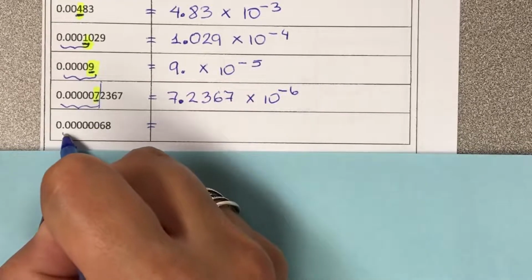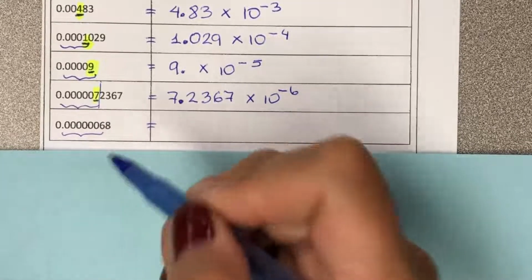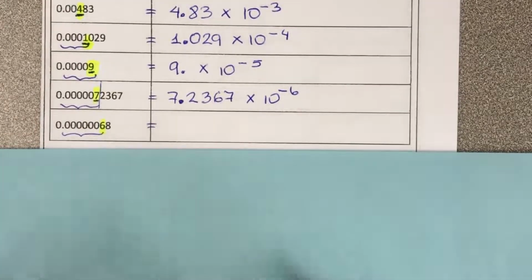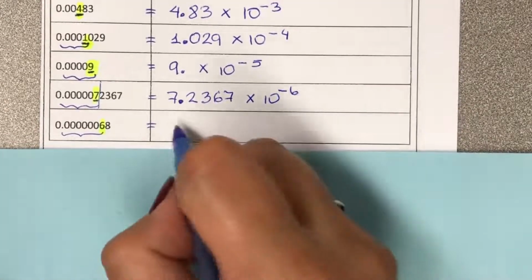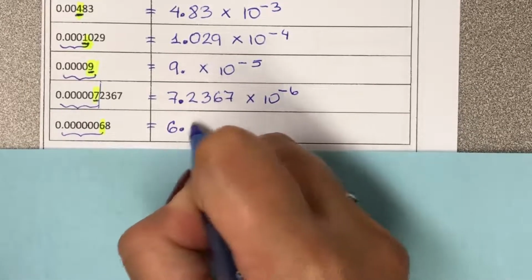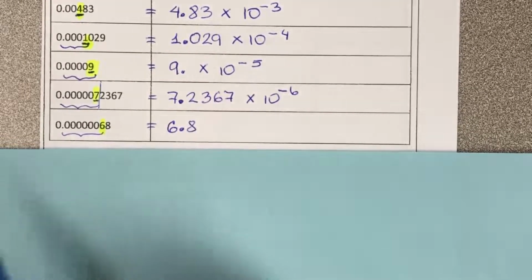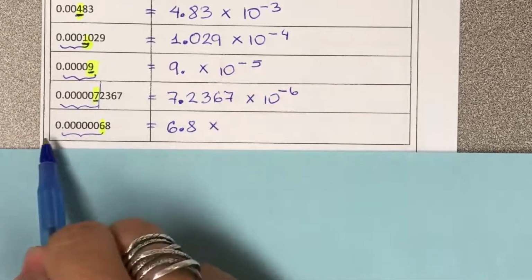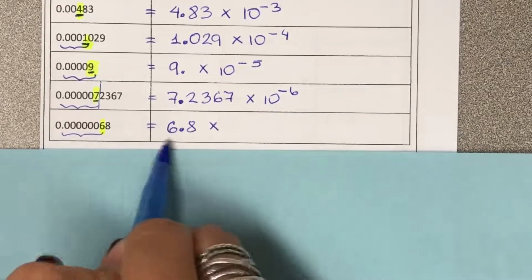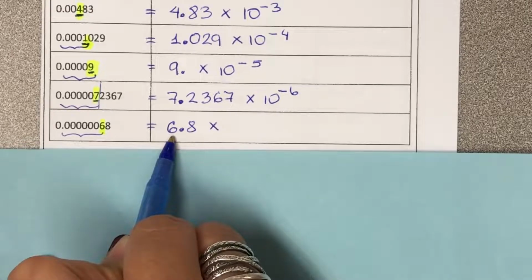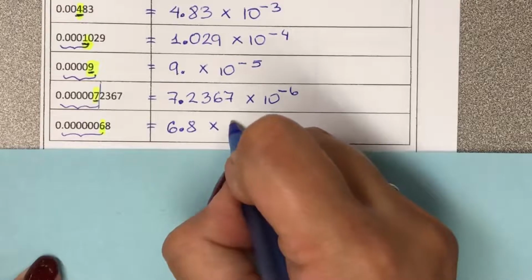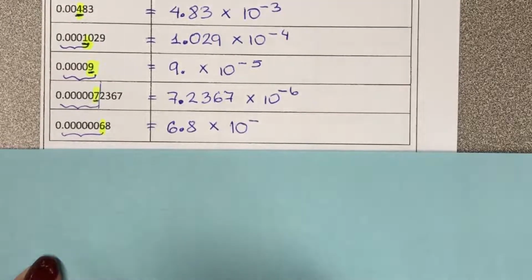And the last one, 6 is my first significant digit that is not a 0, going left to right. So I put the decimal behind 6, 6.8. The power of 10 is showing a very, very small number. It means that I have to divide the 6 many, many, many times. So 6 has to be divided, in other words, multiplied by a negative power.